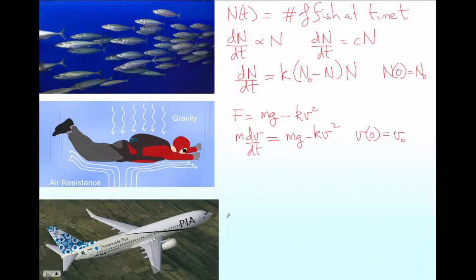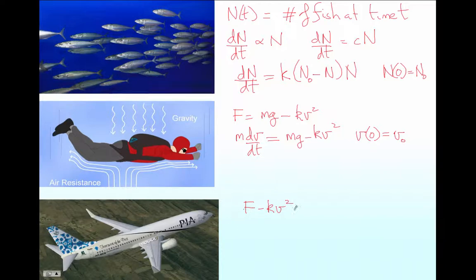But now let me give you a slightly more difficult example. So here's a plane that's flying with constant thrust F. So F is the force with which the engine is pushing this plane forward. There is air resistance, and let's say that as before it is kv squared.